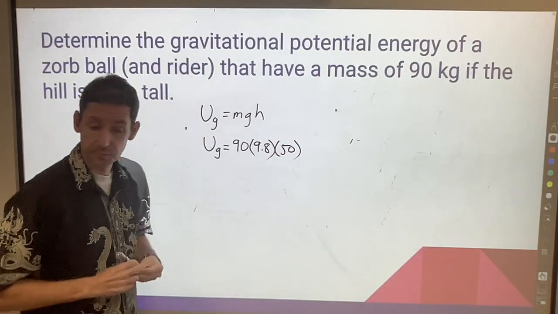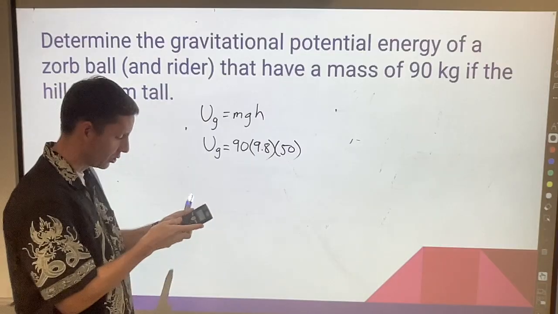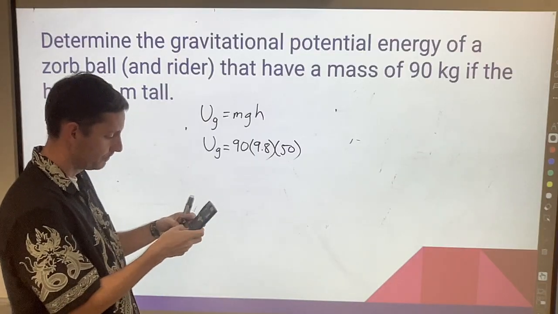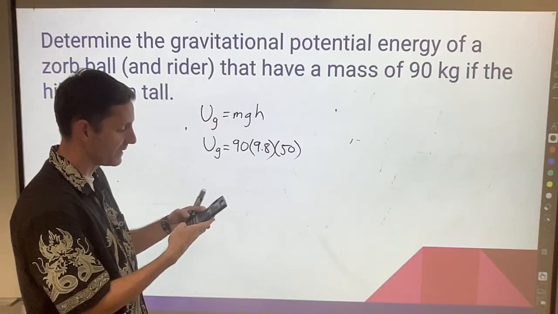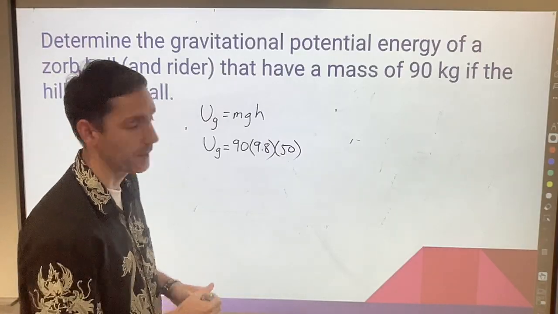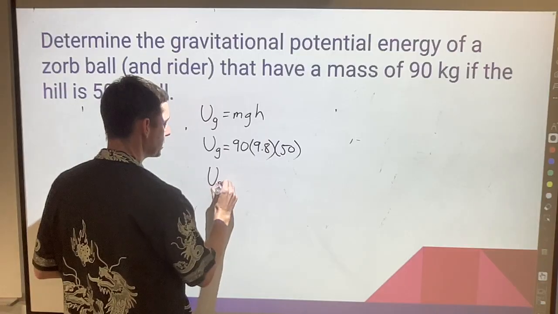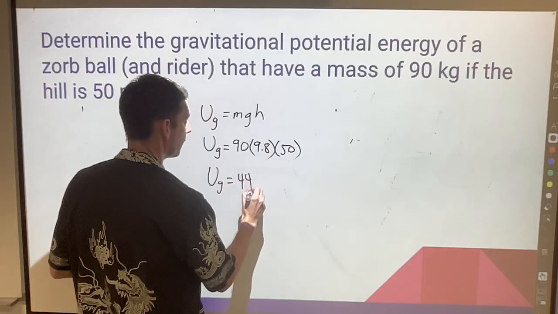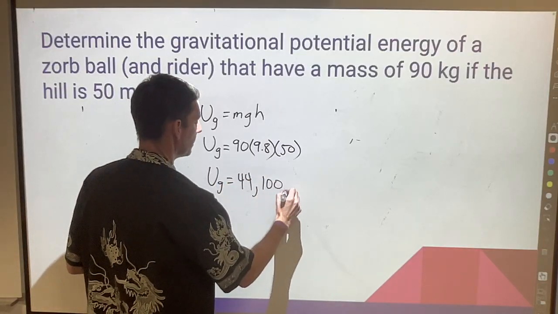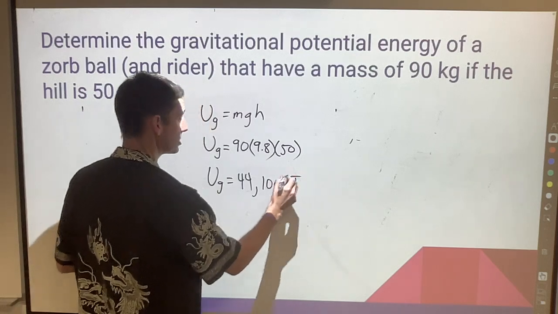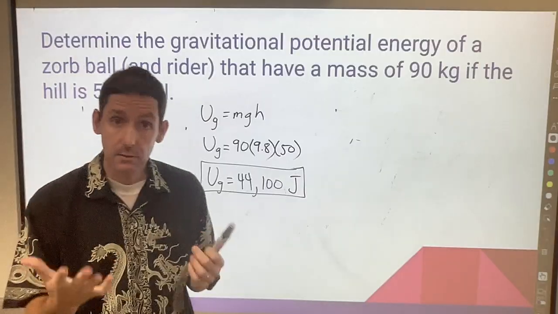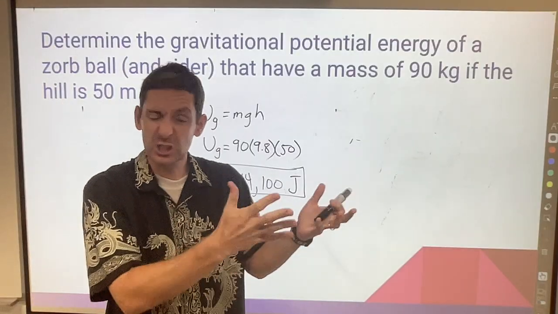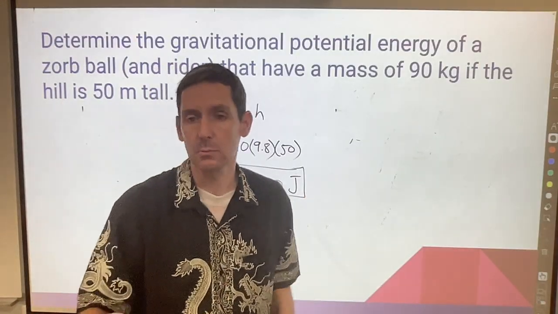So now I should be able to put all that together. I'll go 90 times 9.8 times 50, which gives me 44,100. So gravitational potential energy equals 44,100, and it's energy, so it's still joules. All right? So not all that difficult if we just use the information given to us, right?